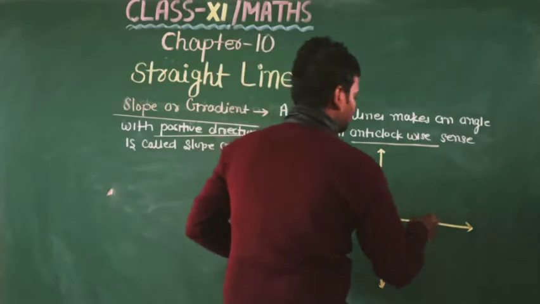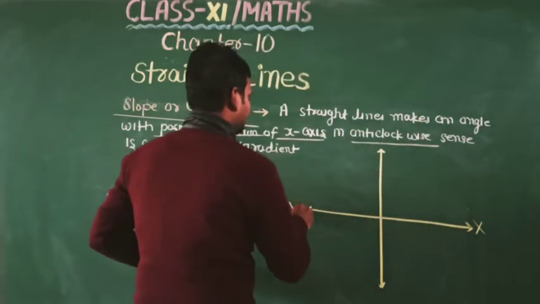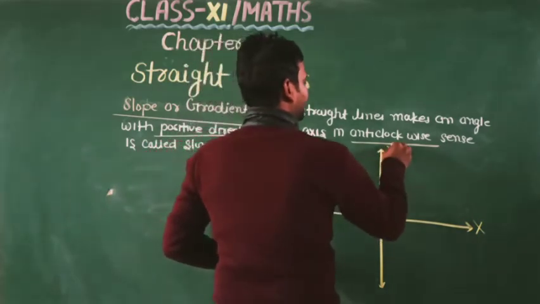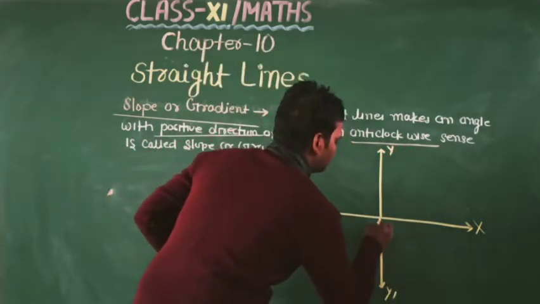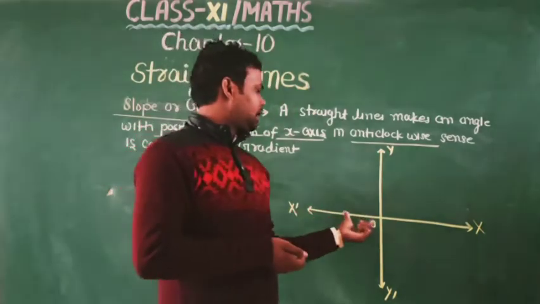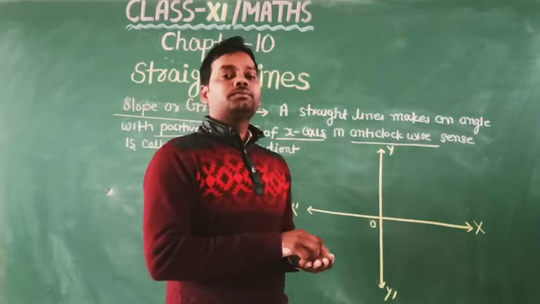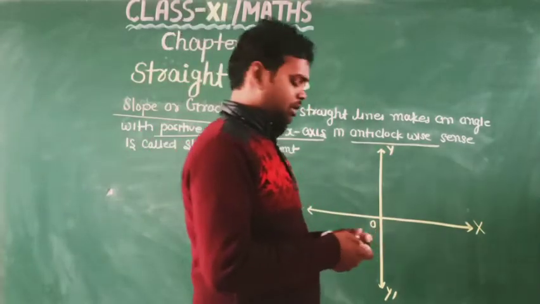So this is a Cartesian plane. This is x dash, y and y dash. This is the point O. We know the horizontal line is called x axis and the vertical is y axis.